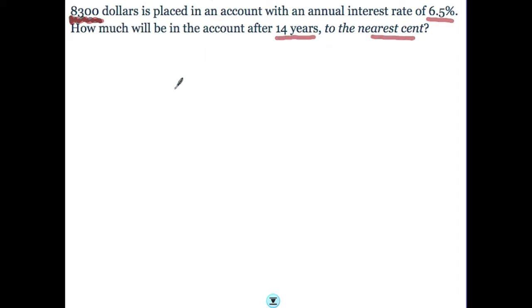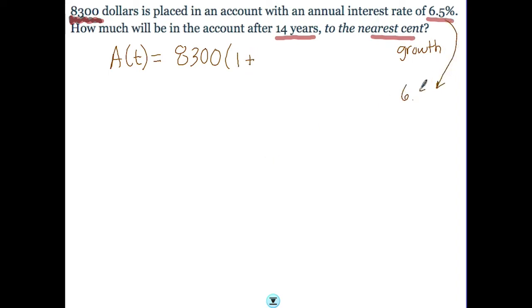Using the formula, amount after time equals our original amount, times a grouping. Because this is a growth problem, we take 1 plus the interest rate, written as a decimal by dividing by 100. Our exponent is time in years.